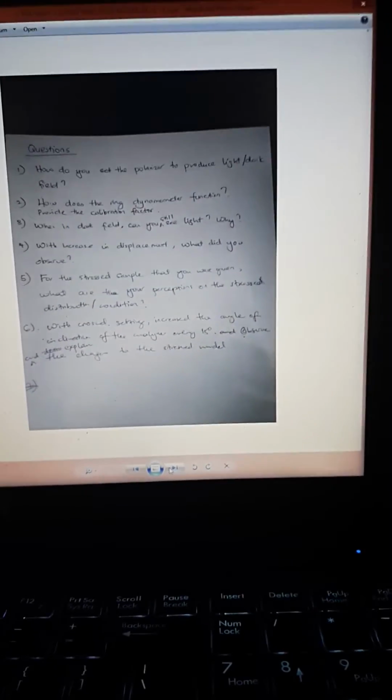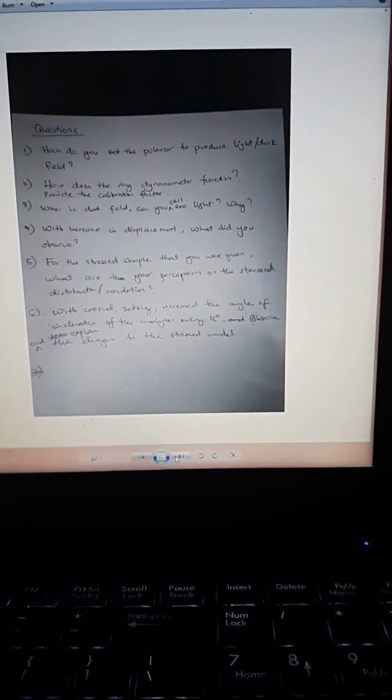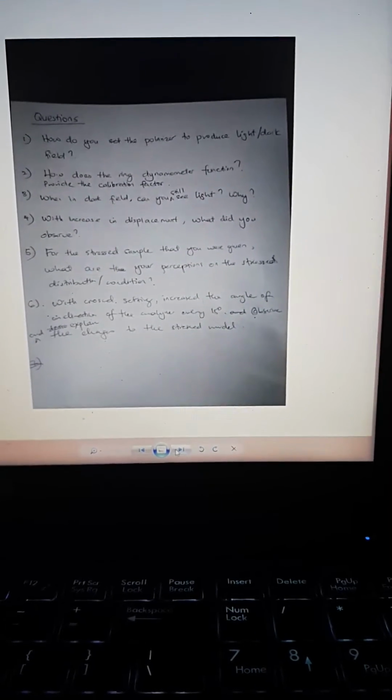So from the stress-strain relationship, by knowing the specimen's modulus of elasticity, we can know the stress that has acted on the specimen.